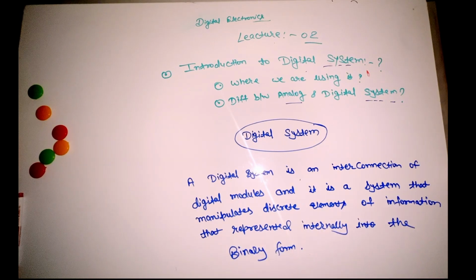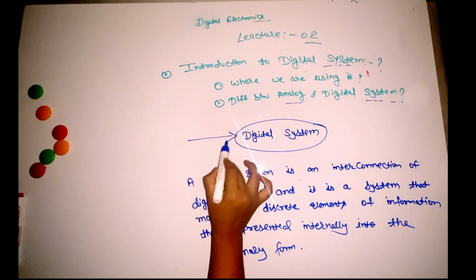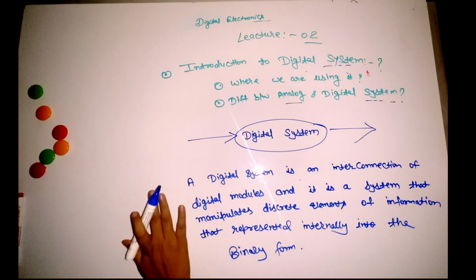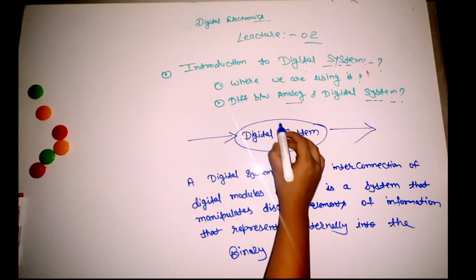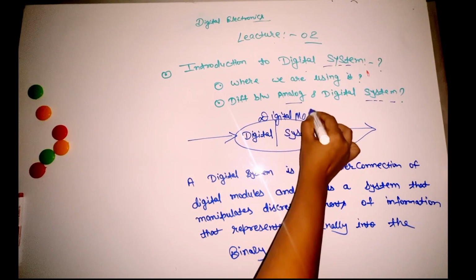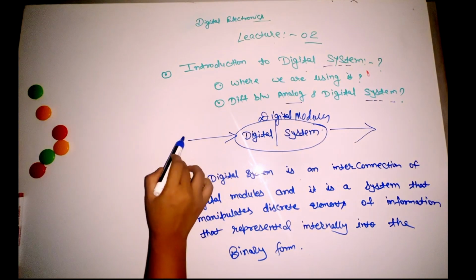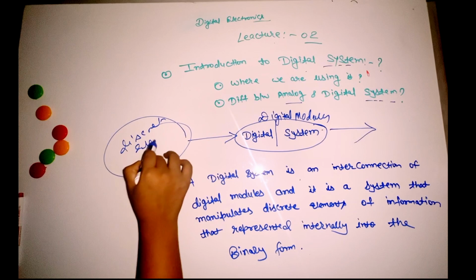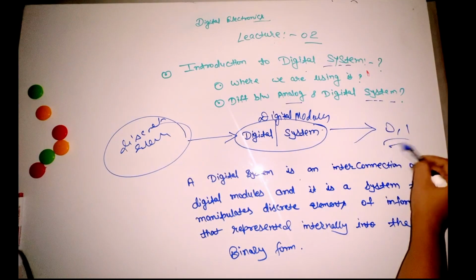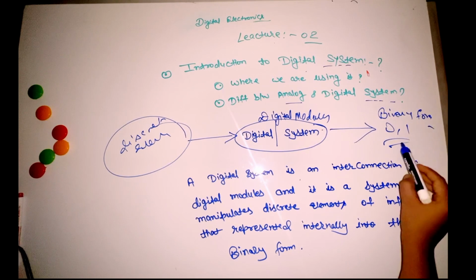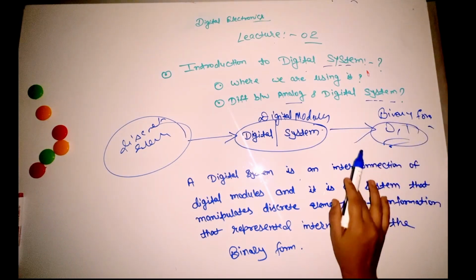Big explanation, na? So, in simple language, see this. What is this doing? These are digital modules, and they are converting discrete elements into what? 0-1 form. Binary form is 0-1 form, and our computer understands only 0-1.